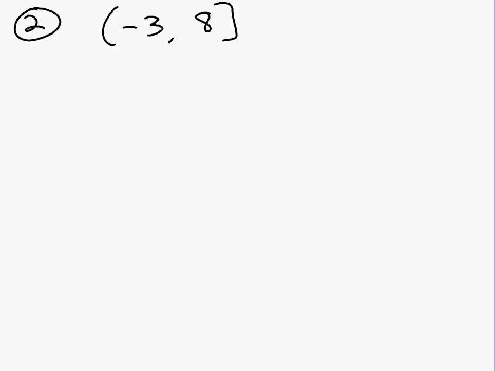We're not talking about the point -3, 8. We're talking about going from -3 to 8. The square bracket and the round parenthesis have different meanings. The square one means we include it. The round one means we don't include it.